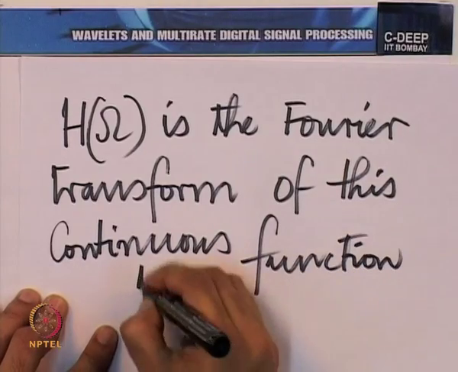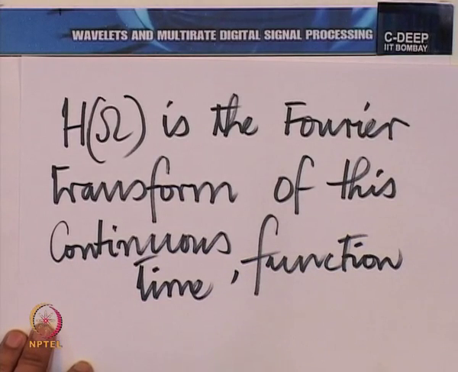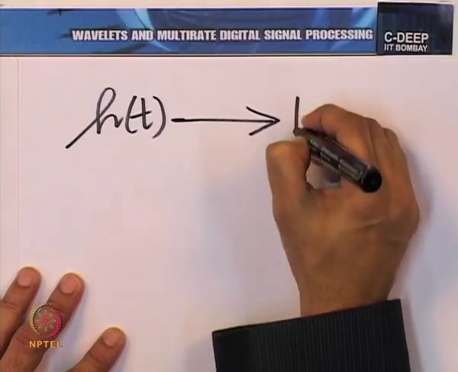Maybe I should say continuous time function to be precise. And now, what is half H omega by 2 then? For that purpose, let us assume that we have a function h of t whose Fourier transform is capital H of omega.